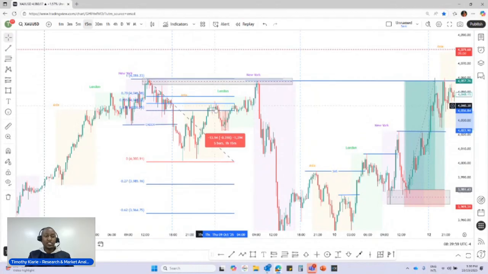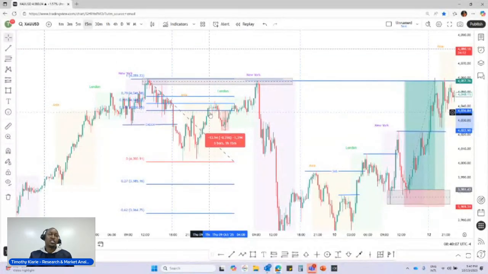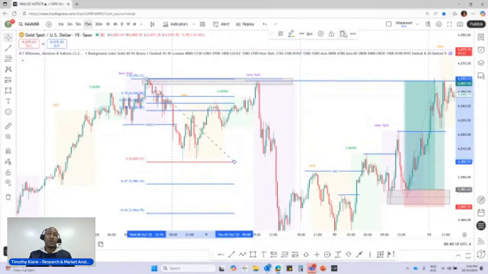So we can still say this level was respected because, if you are a day trader looking at setups for gold, how I trade myself, I look at 50 pips stop loss, 100 pips target. So this was very much well respected according to how I trade it.